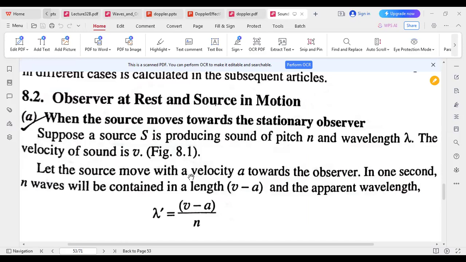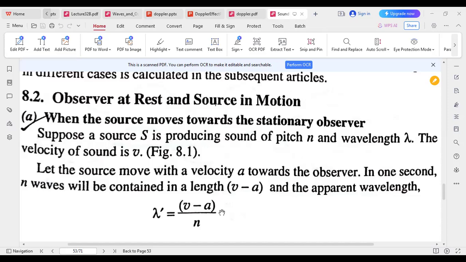Let the source move with a velocity a towards the observer. In 1 second, the waves will be contained in a length b minus a. Actually, distance equals velocity multiplied by time, but in 1 second, distance equals velocity. This is why the length is b minus a.